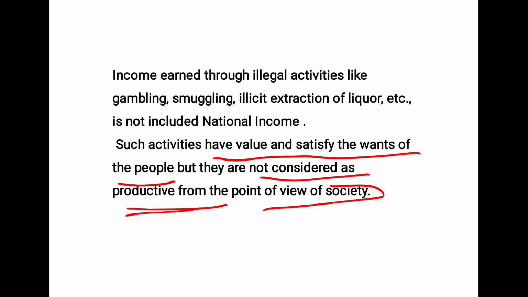So all these illegal activities bring income, but they only satisfy human wants, they are not considered as productive activities, and it is in no way going to help the society as such.